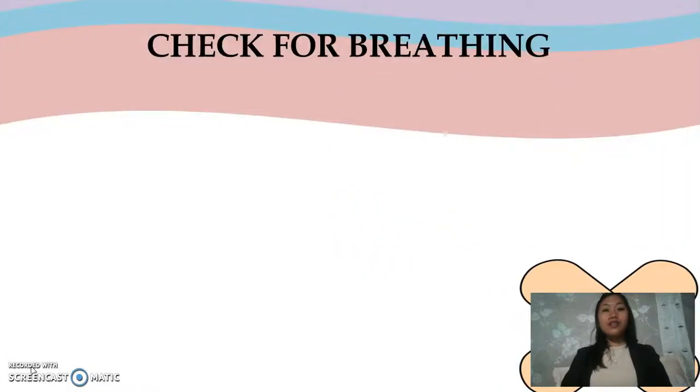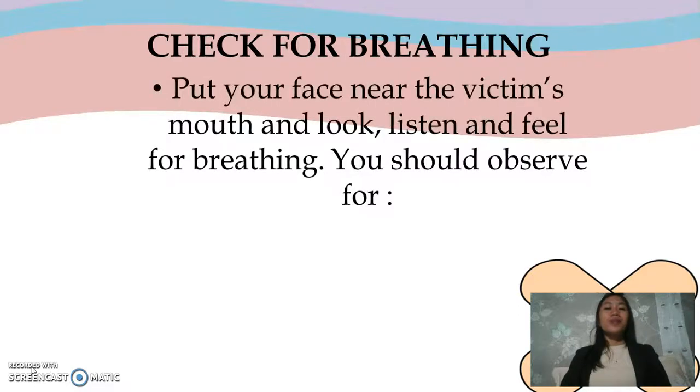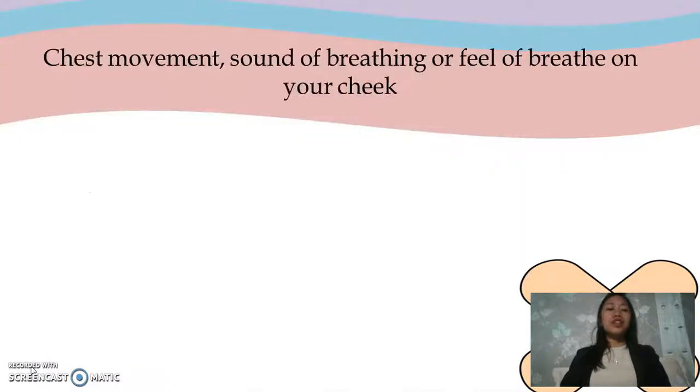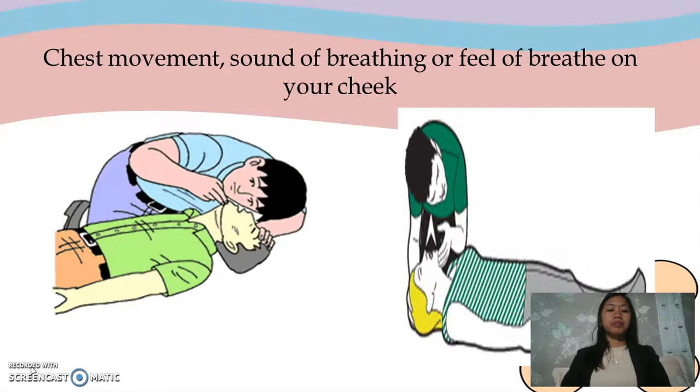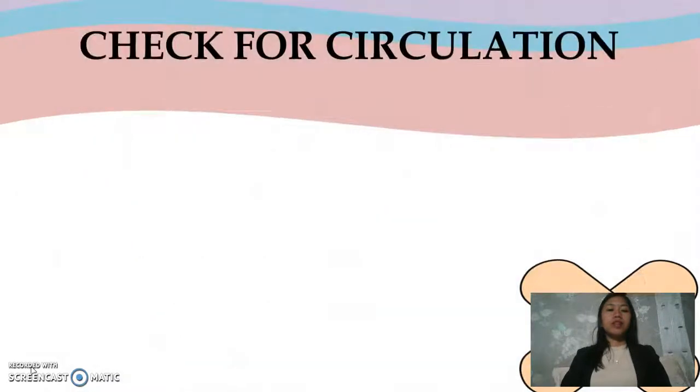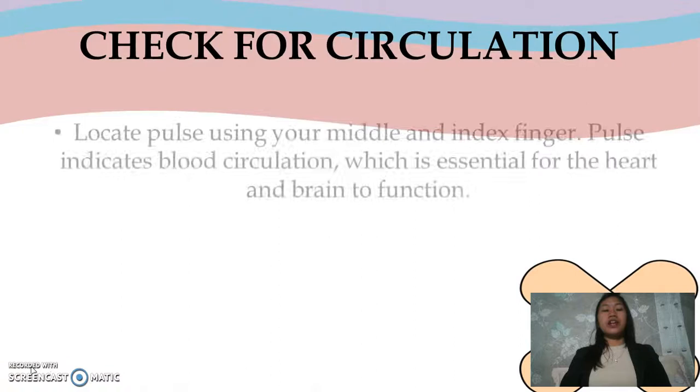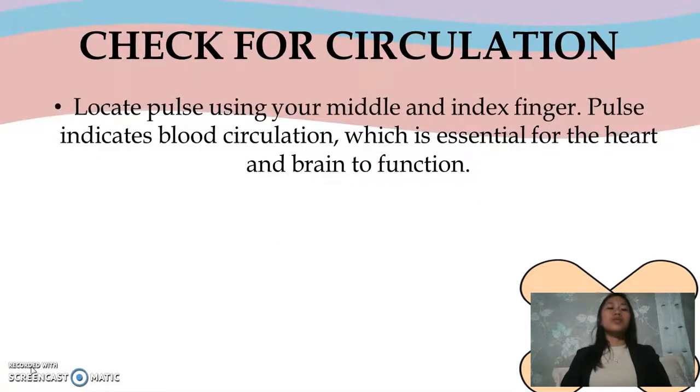Third, check for breathing. Put your face near the victim's mouth and look, listen, and feel for breathing. You should observe for chest movement, sound of breathing, or feel of breath on your cheek. Fourth, check for circulation. Locate the pulse using your middle and index finger.